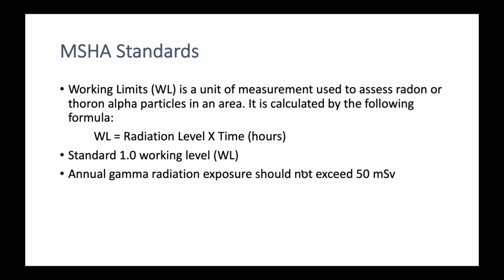And you know, I think some of the early radon kits used the Mine Safety and Health Administration standards for determining an exposure limit. So some of the kits will say that the action level is 4 picocuries per liter, which is equal to one working level limit.